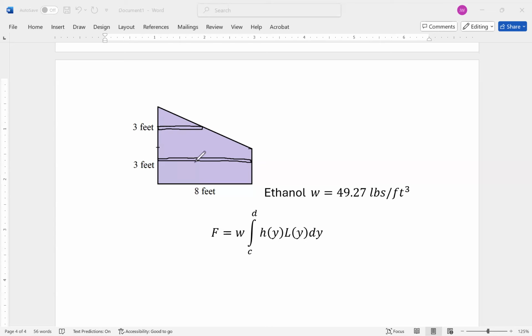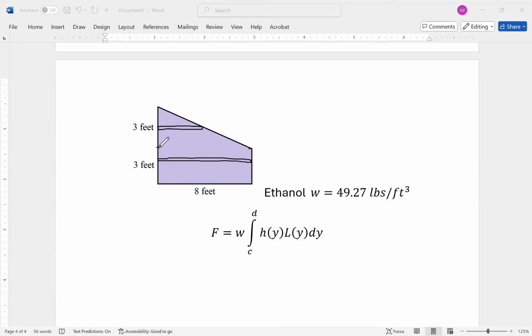So we're going to do 2 fluid force calculations. And moreover, you don't have to put the origin at the same place for each calculation. We'll do the fluid force of the rectangular portion, and then the fluid force of the triangular portion. And again, we can put the origin at a different spot in both of these.